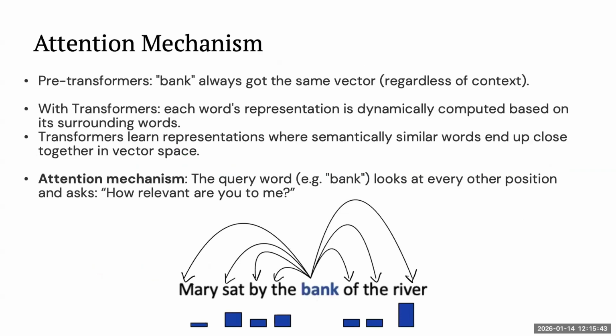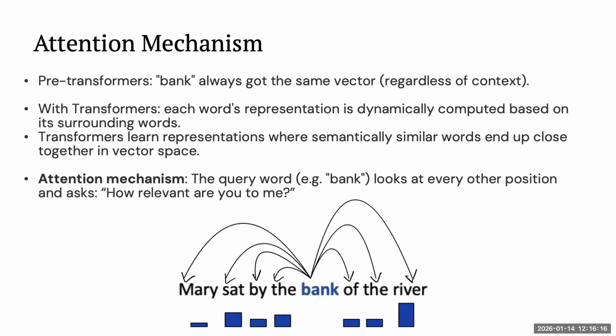Going back to the attention mechanism, what it does is make sure that a word does not have a single representation, which was the case before transformers, where a unique vector always represented that word. With transformers, each word representation is dynamically computed based on the surrounding words.